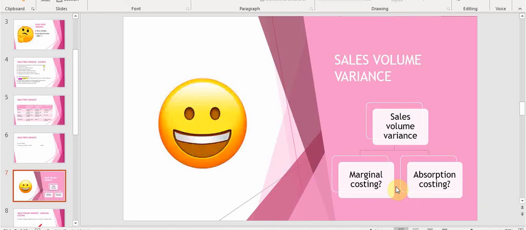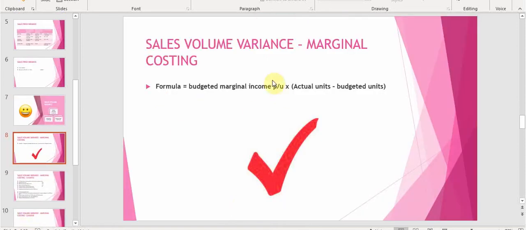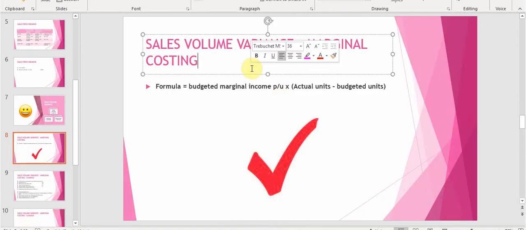And that difference will cause a difference in the calculation that needs to be applied. So if we look at sales volume variance, it is the only variance for which I prescribe a formula because there's just no other way to do it.